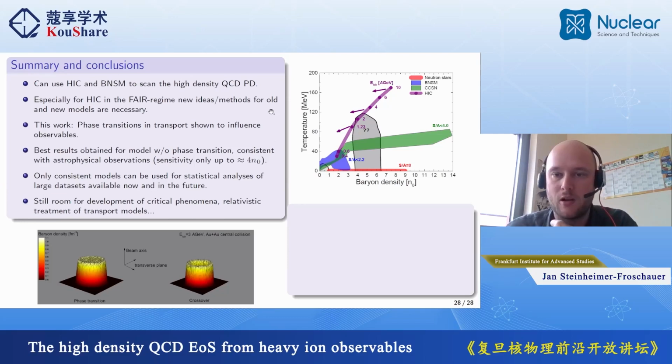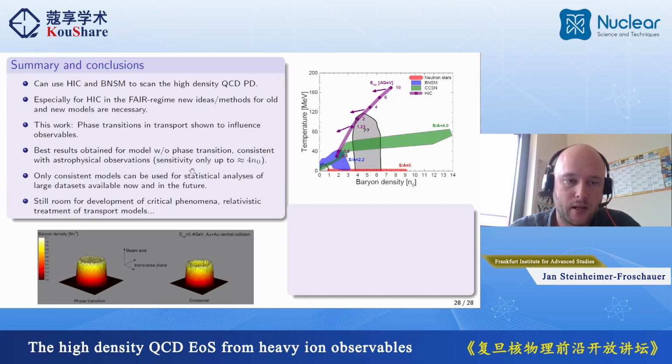These models have been around for a long time, but we need to bring them up to date to a point where we can implement these different equations of state and make predictions for models. What I showed you in this work is, first of all, that the phase transition and transport model actually shows an effect on the observables.